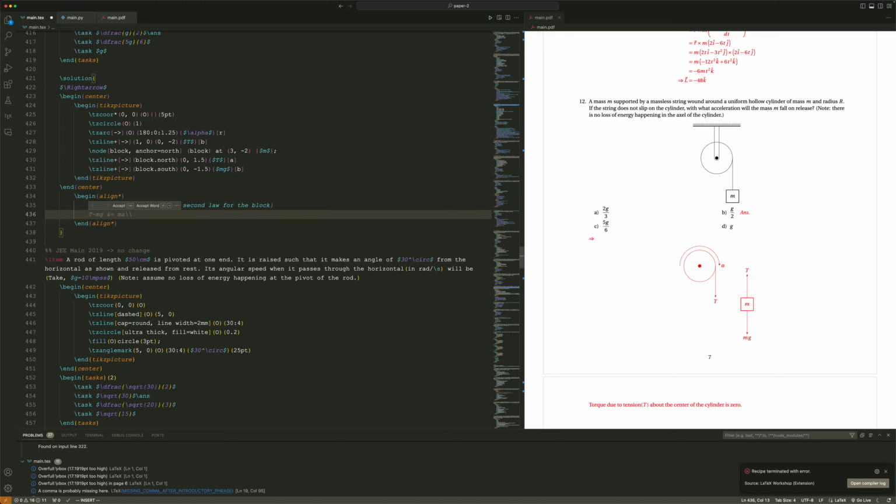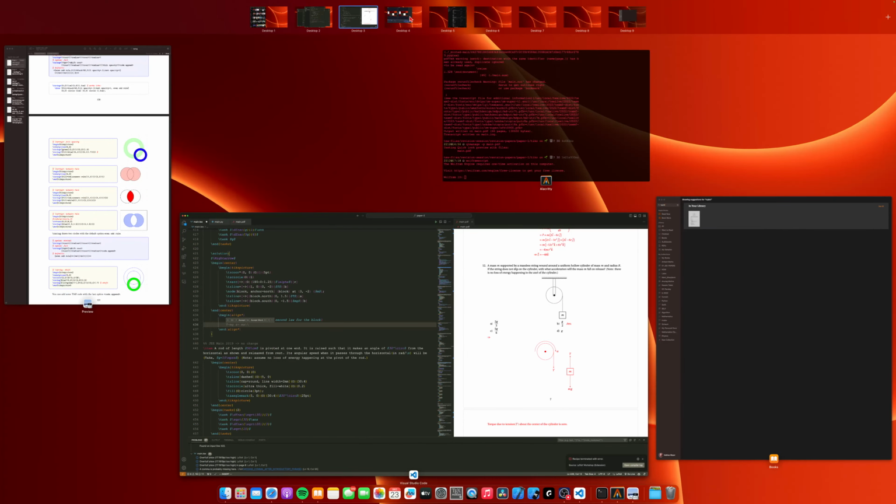As you know, the block is moving downward, so it will be mg minus T is equal to mass into acceleration.